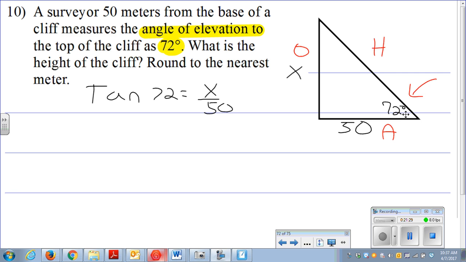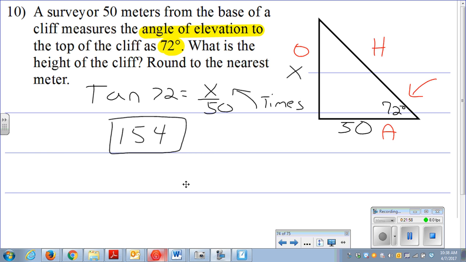This time it's tan again, with opposite over adjacent, and decide whether to multiply or divide. So the x is in the numerator, so we're going to multiply. And step 4, enter it in the calculator, and you get, since it's rounded to the nearest meter, 154 feet.